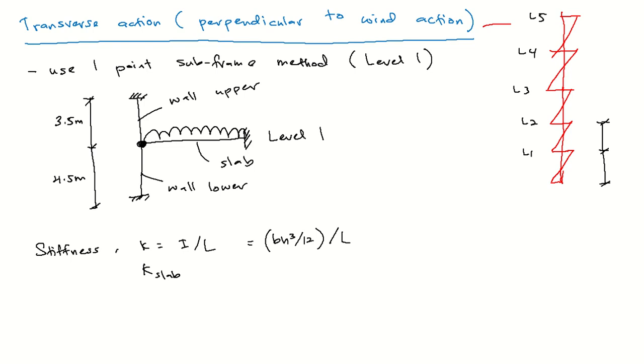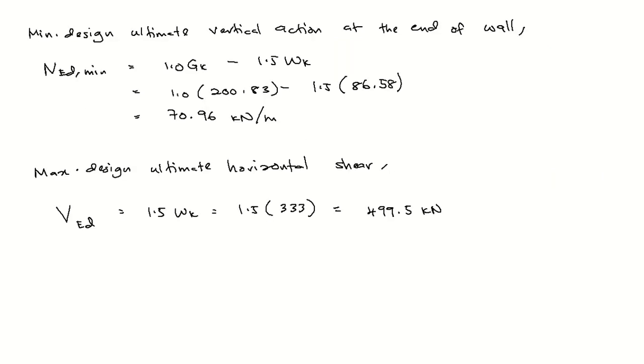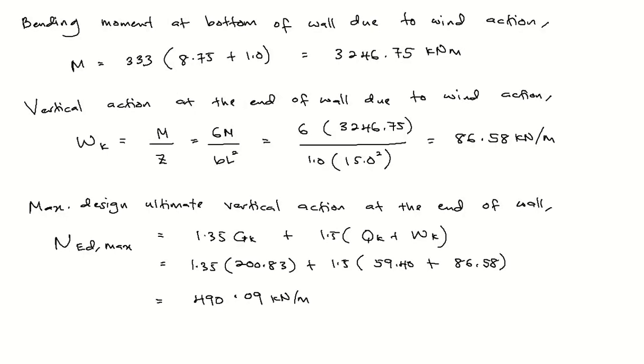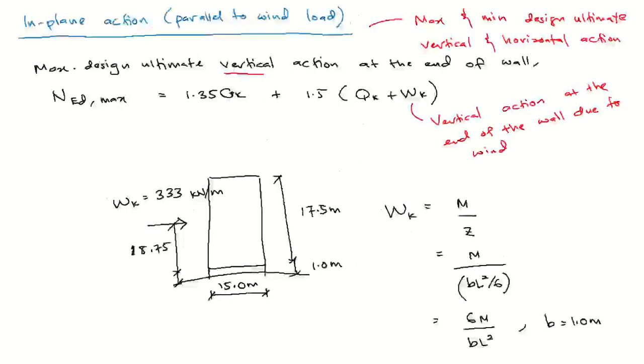For the slab, B, H and L. Not only for the slab but for the wall also, we are going to use B equals 1 meter, similar to the B here. We will consider 1 meter width per 1 meter.